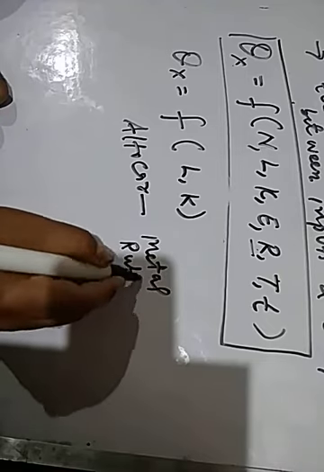Or for example, production of this marker requires the constant value of raw material such as ink, plastic for every unit of marker. Therefore, it is kept as constant, it is not taken into the final production function.